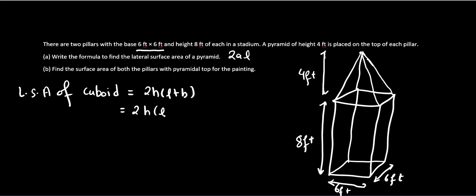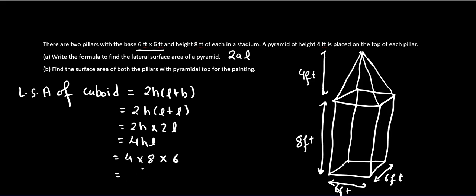So it's going to be L plus L, that is 2H multiplied by 2L, so it's going to be 4HL. Now, 4 multiplied by height 8 multiplied by length 6 gives us 192 square feet.